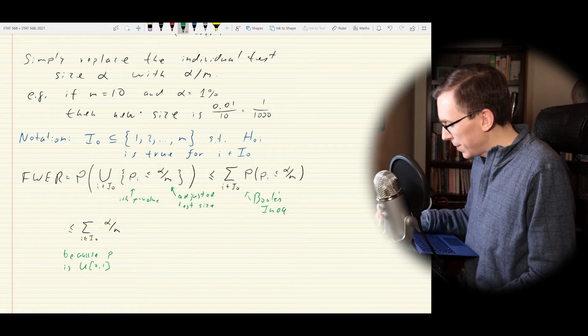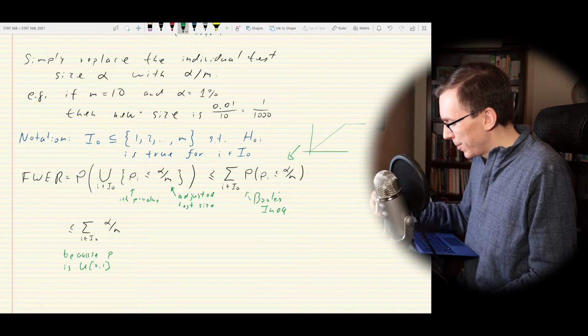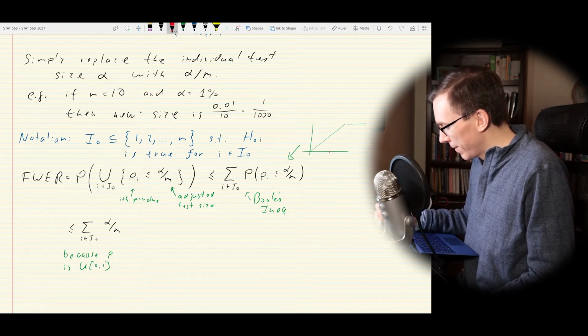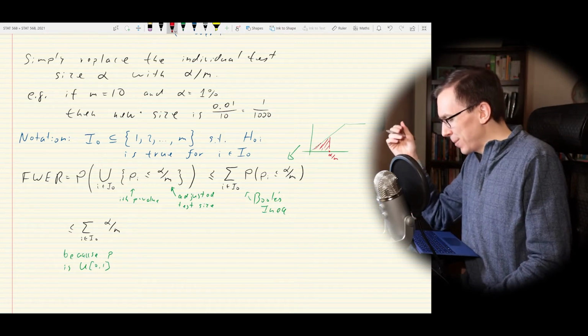So when I try to compute this probability, what I'm basically doing is the CDF of the uniform distribution. And what I want is to go to alpha over m, and it turns out, well, it's alpha over m. That's exactly what we want.